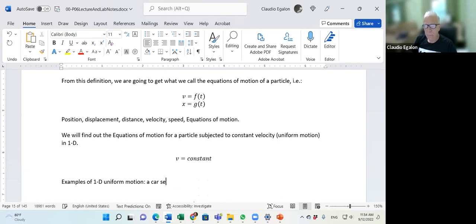A car moving in a straight line in the freeway at constant speed. That's an example of uniform motion.